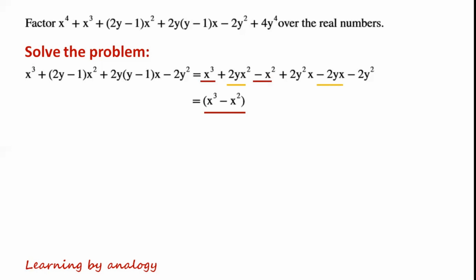Similarly, we can also group the terms 2yx squared minus 2yx. And we can also group the terms 2y squared x and minus 2y squared. So we can now write 2y squared x minus 2y squared.